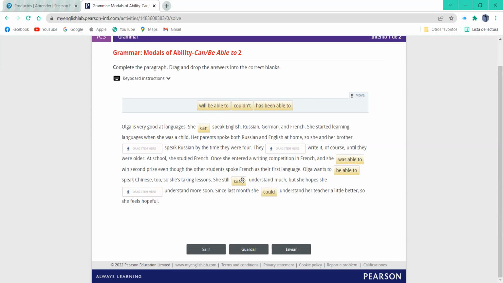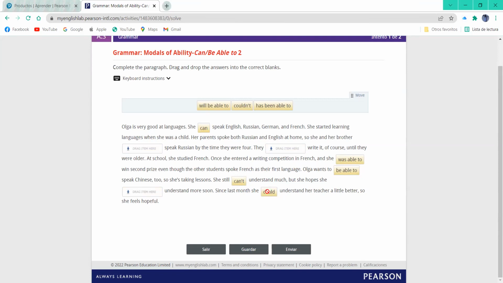So she started learning languages when she was a child. Her parents spoke both Russian and English at home. So she and her brother in past could or couldn't speak Russian? Because we're talking about past, right? I think it's good.